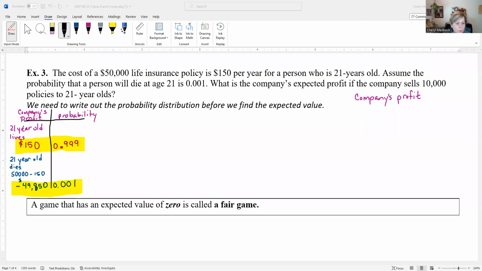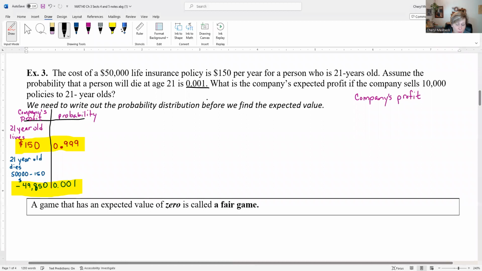So here, if the 21-year-old lives and the 21-year-old gave the insurance company $150, the company's profit would be $150. Now, to find the probability, we know that on average, the probability that a person that is 21 will die is 0.001.